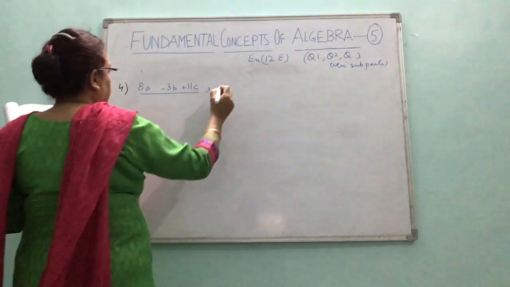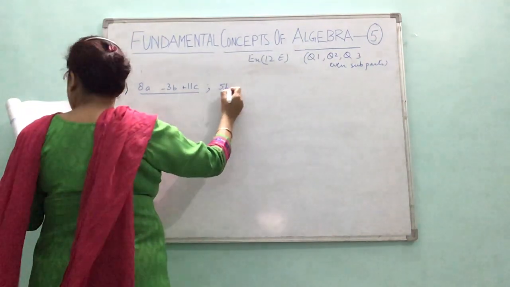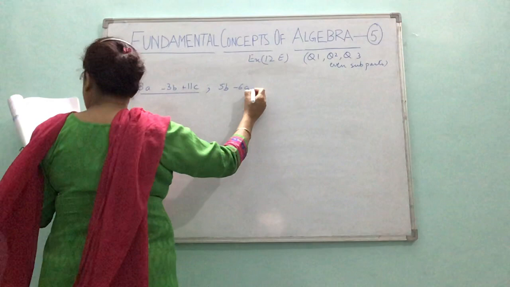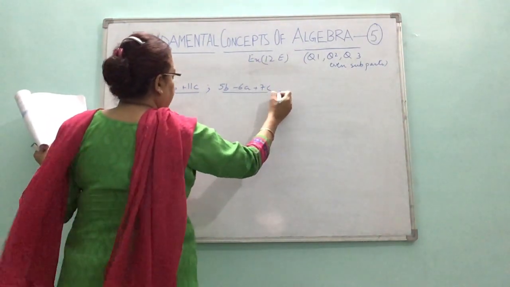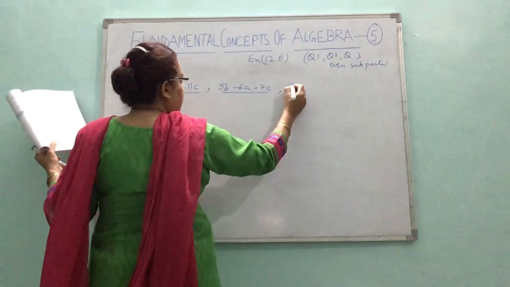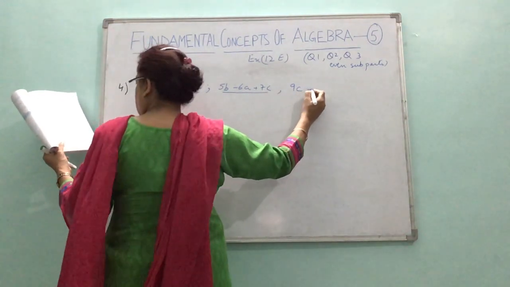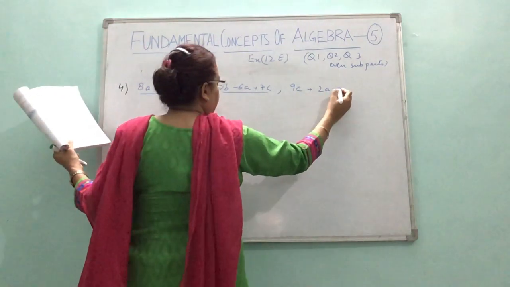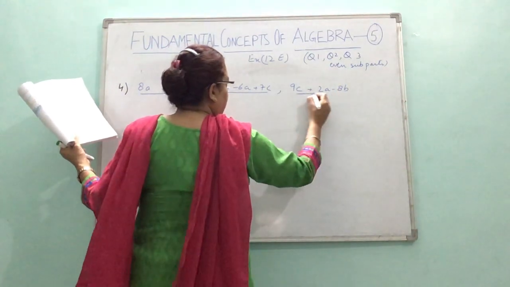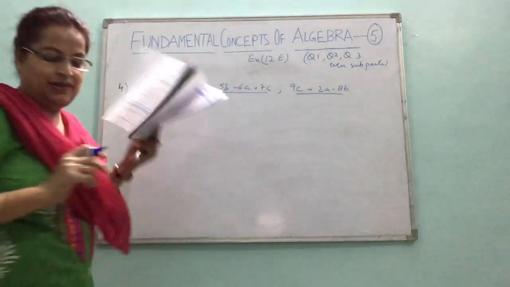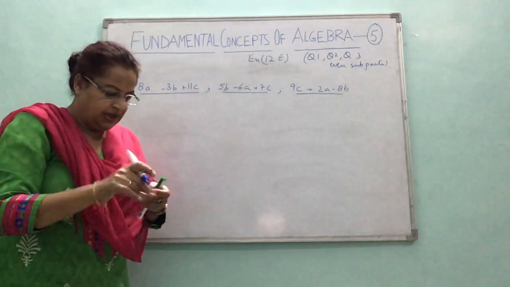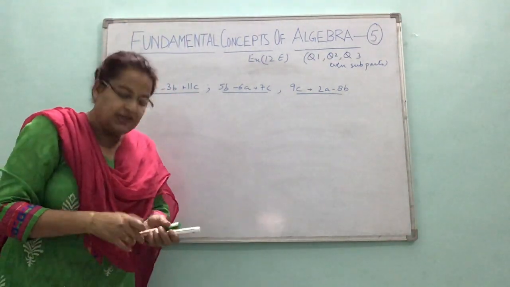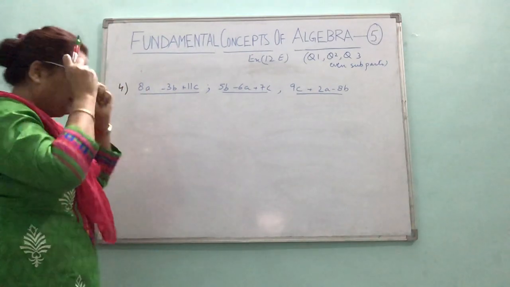Then 5b minus 6a plus 7c. This is another expression. And last is 9c plus 2a minus 8b. There are 3 different expressions, children. Be very careful, listen carefully to what I am explaining.